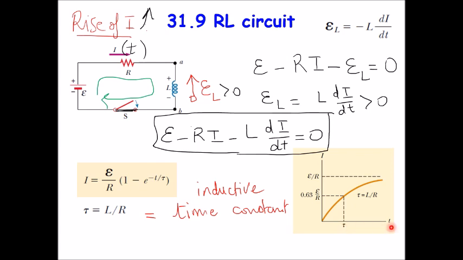Alright? When the time is equal to tau, the current in the circuit is equal to 63% of its final limit. The final value, E over R, we get it when we wait a longer time, basically at t equal infinity.